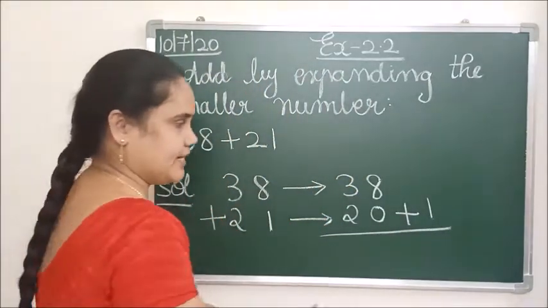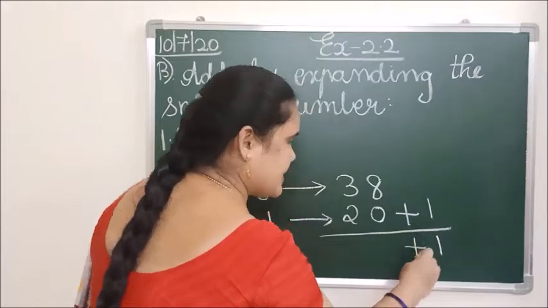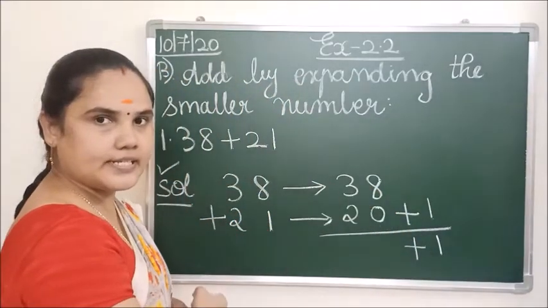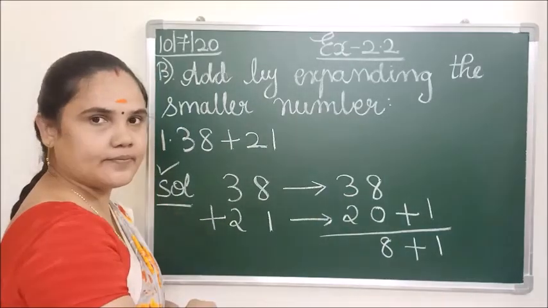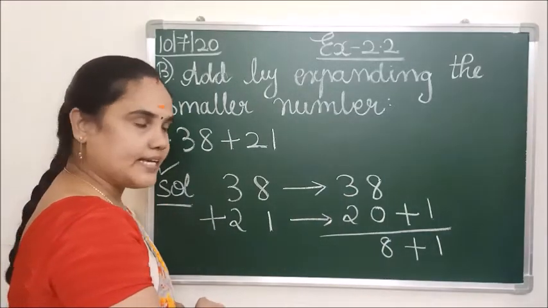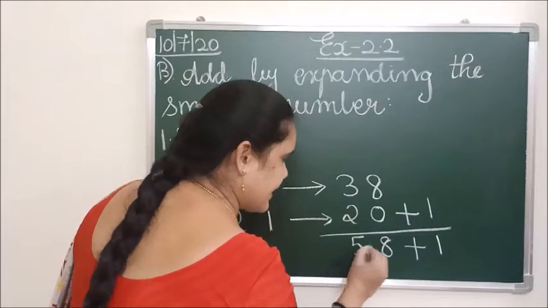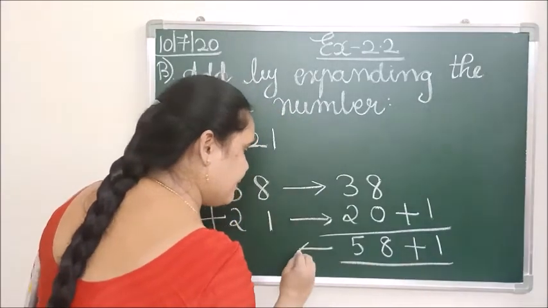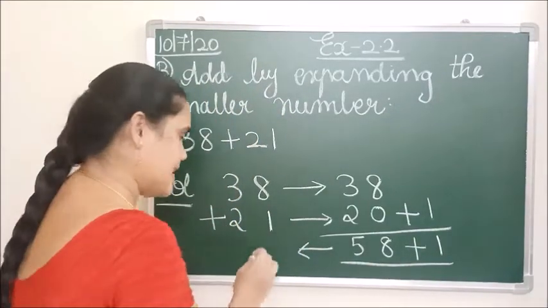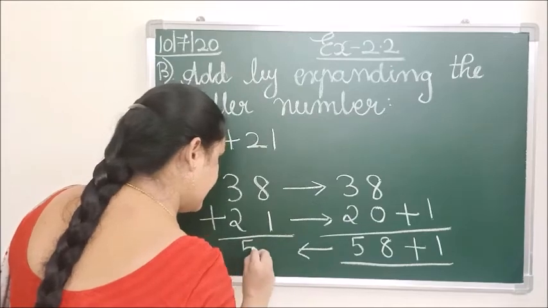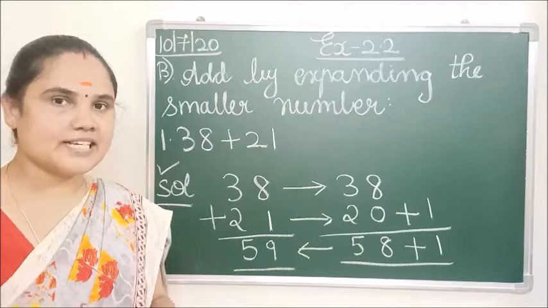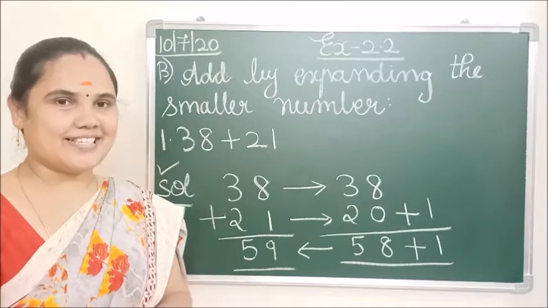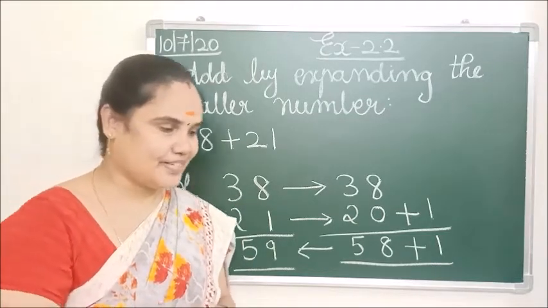Now do addition, children. 1 plus 8 plus 0 is 9. 3 plus 2 is? Yes, 5. How much is 59? Yes, 59. Now write the answer here, 59. That's all. Is it easy, children? Yes. Shall we do the next sum? Yes.